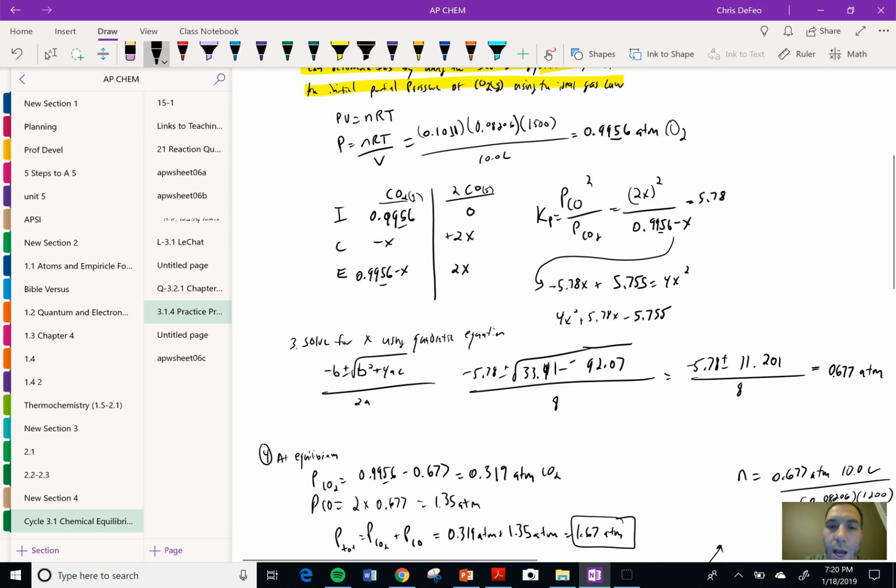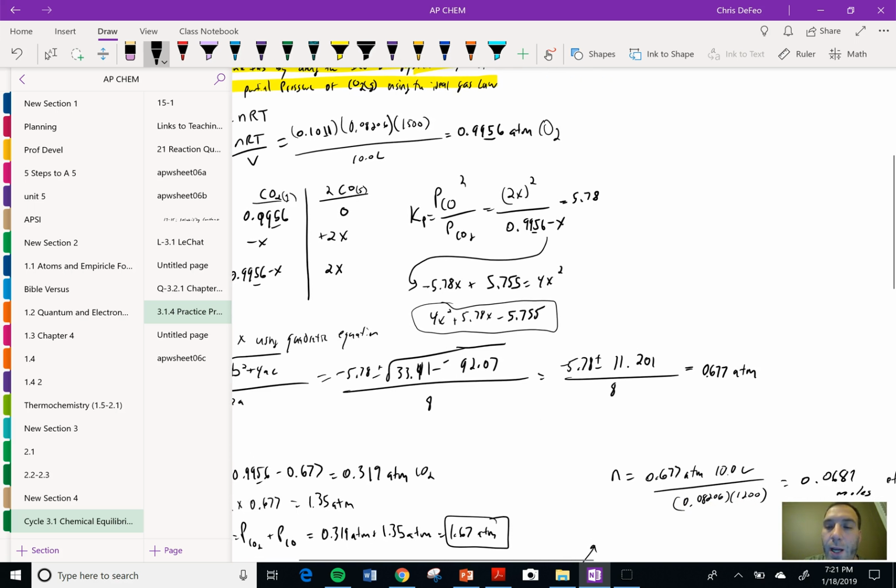Okay, and when we plug these equilibrium pressures into the equilibrium expression for pressure, we get our quadratic equation, and then we plug it into the quadratic formula, and we will end up getting 0.677 atmospheres of pressure.